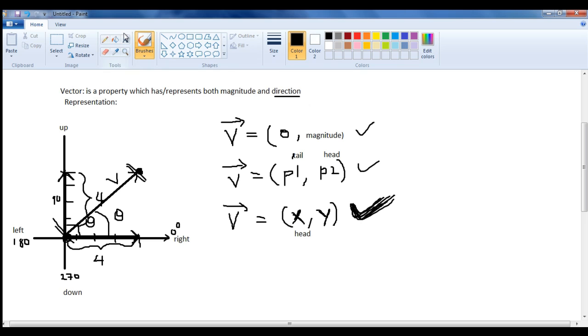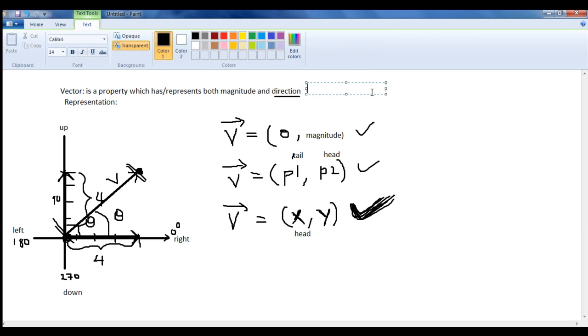Now, what is the responsibility of vectors? Next thing, why vectors? Vectors are mainly responsible for the placement and movement of game objects. Whenever you are placing a game object on the scene, always think that you have a vector there.